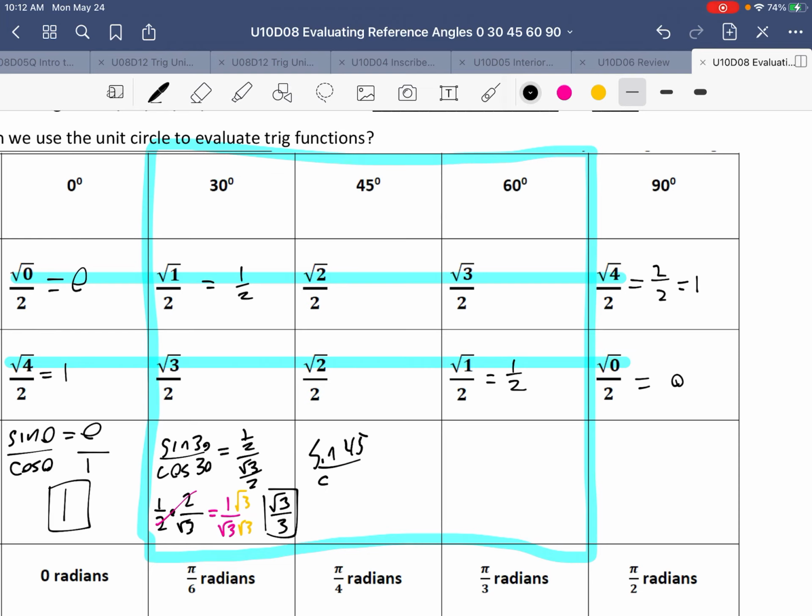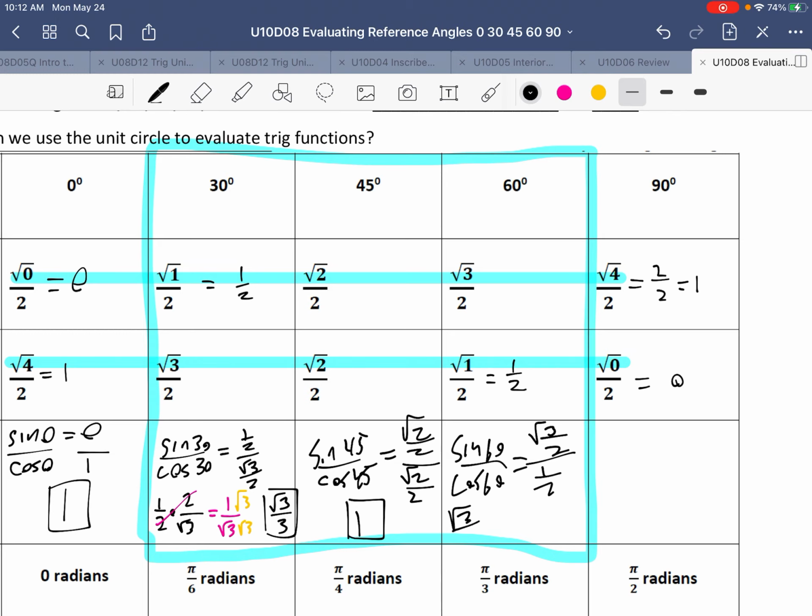For 45, we're going to get sine of 45 over cosine of 45, which is going to be equal to radical 2 over 2 over radical 2 over 2, and anything divided by itself is 1. We're going to do the same thing for 60. Sine of 60 over the cosine of 60 is going to be equal to radical 3 over 2 over 1 over 2.